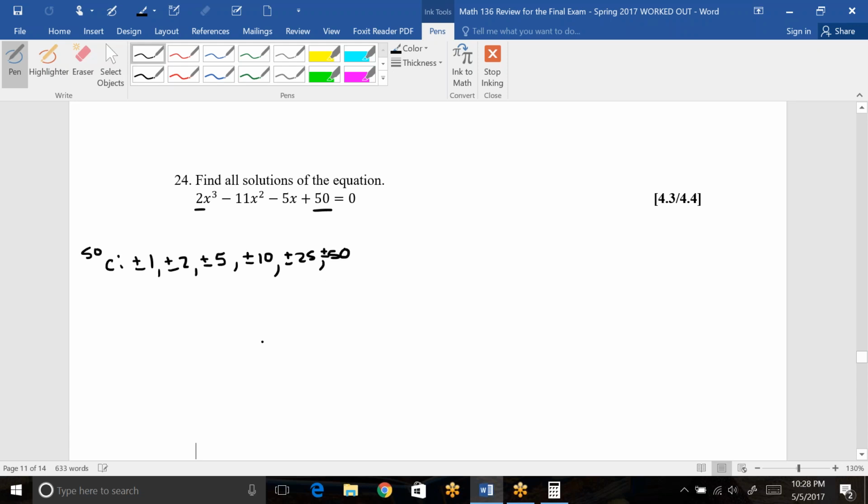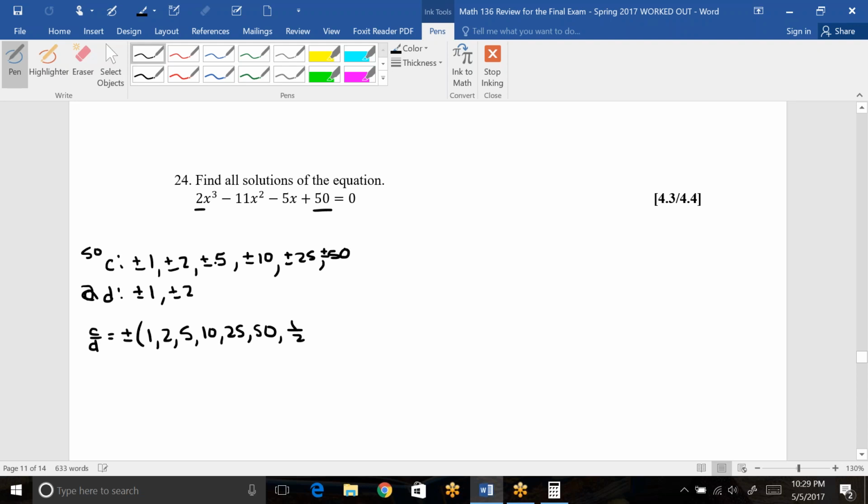I believe that is my full list. For factors of the leading coefficient, we're looking at 2, so that would just be plus or minus 1, plus or minus 2. So my list of C's over D's is plus or minus 1, 2, 5, 10, 25, and 50. And then I put them over 2, so that would be a half.